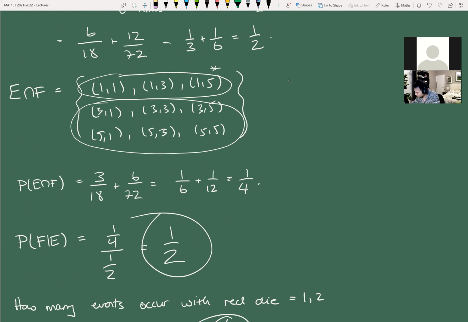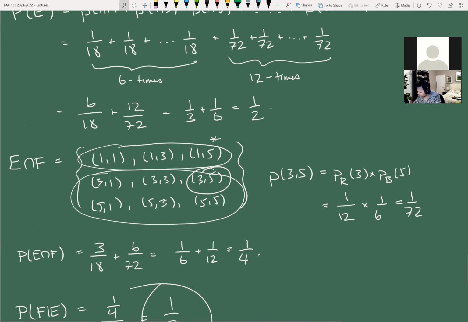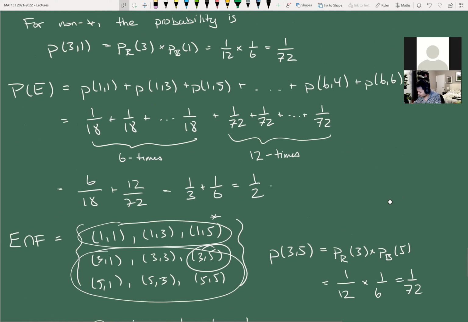So each of these things, like the probability of 3, 5, is the probability that the red die is 3 times the probability that the blue die is 5, right? And that's going to be 1/12 times 1/6 equals 1/72. That's the same calculation that we did up here. So everything in non-star has a probability of 1/72.